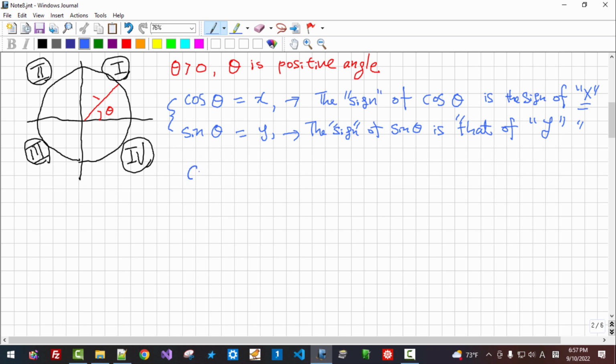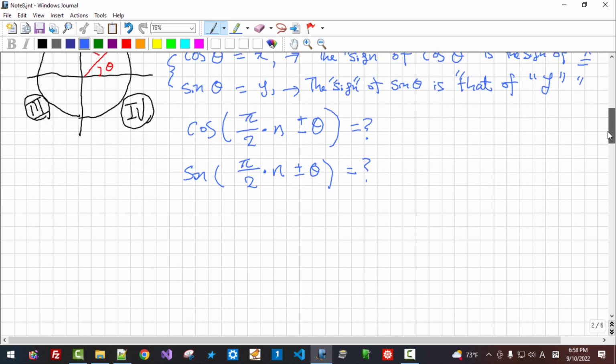Now cosine of pi over 2 n plus or minus theta, sine of pi over 2 n plus or minus theta. How can we infer the identities?